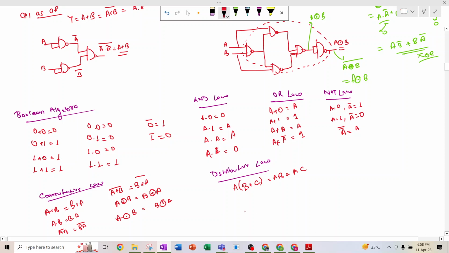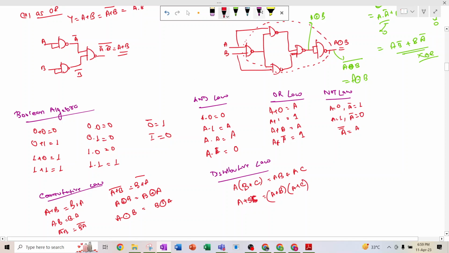The second distributive law: suppose there is A plus BC, that can be written as (A plus B) into (A plus C).